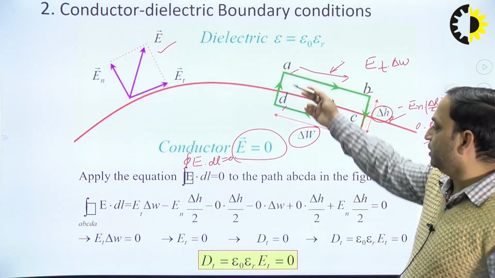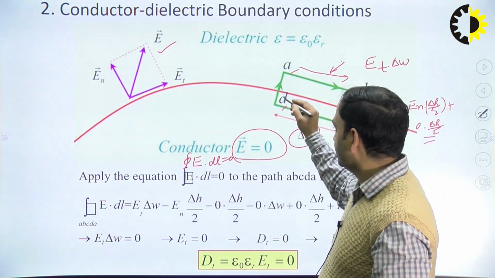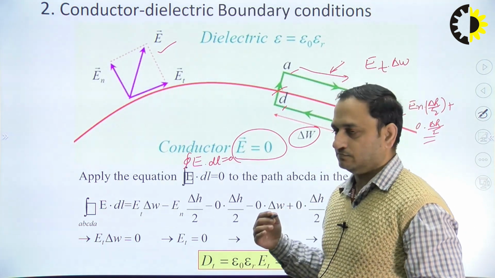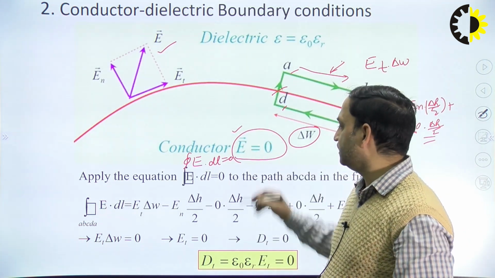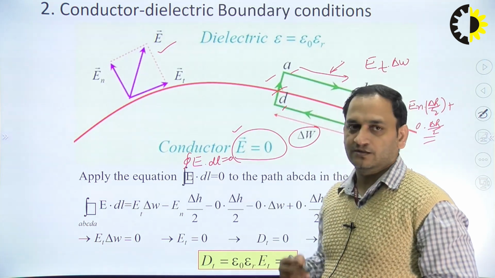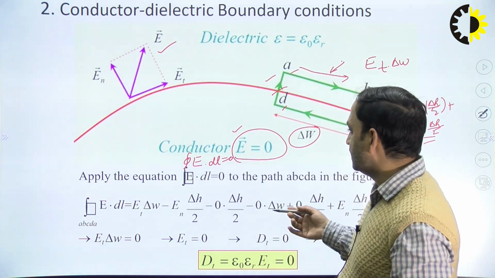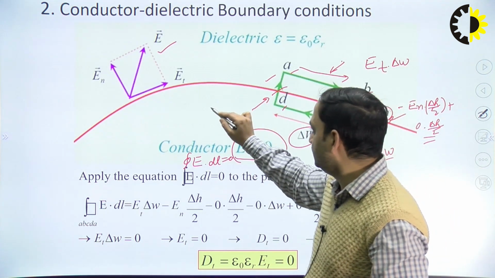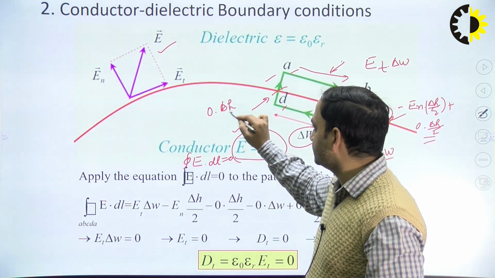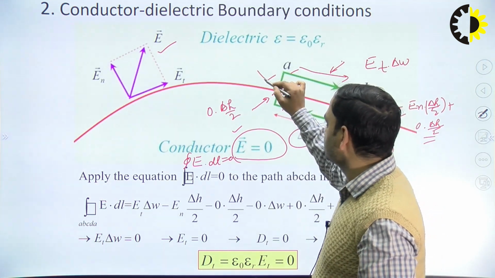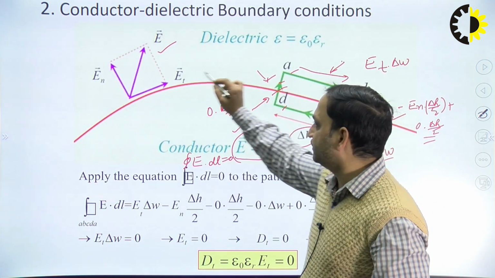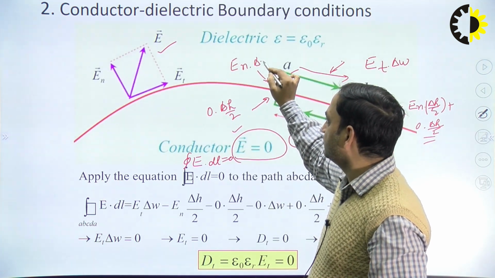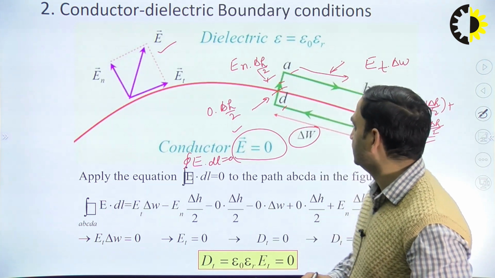Now come to D to A. For this case again we have a first half and a second half. The first half is in medium 2, or you can say in the conductor medium, and the second half is in medium 1, the above medium. When you apply E dot dl here, for this half E is 0 into delta H by 2, right? And for the other half, because the electric field is En, we can write En into delta H by 2, right?